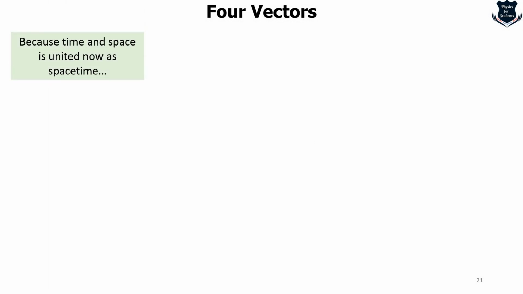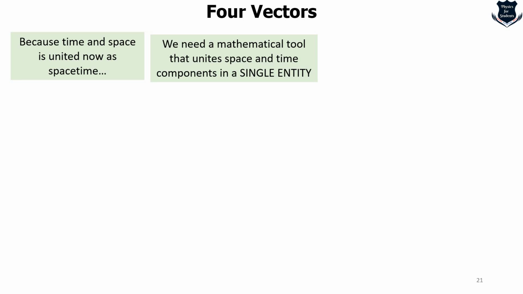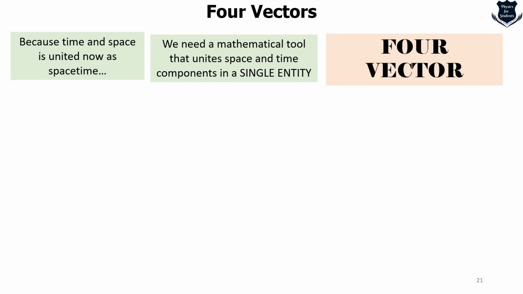Now in general, because time and space are now united in space-time, and because we need a new mathematical tool that unites space and time together, we call this new mathematical tool a four vector. By definition, a four vector is a mathematical object that combines space and time in a single identity.